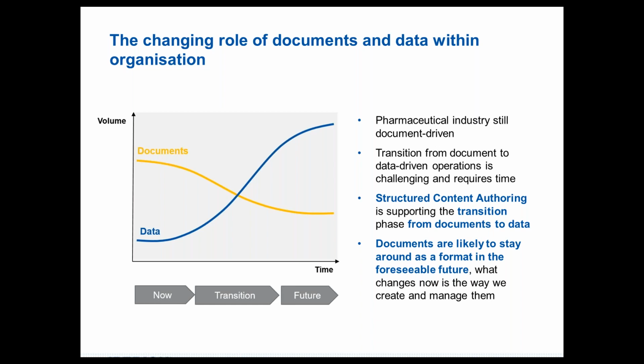So we see a transition coming where data might even overtake documents. And why not? The majority of the information in our dossiers is very suitable for exchange as information. And of course, again, this is where a topic like ISO IDMP plays a very significant role.